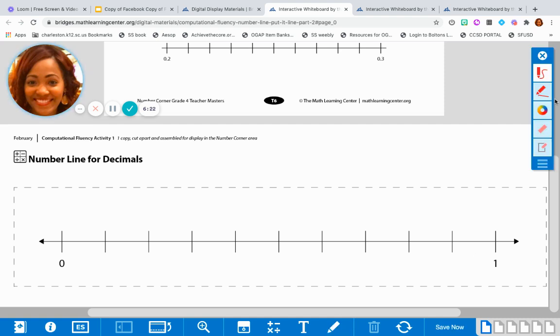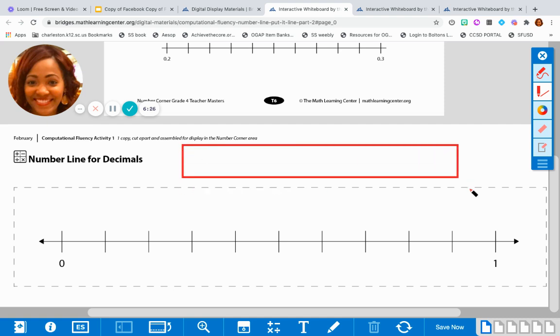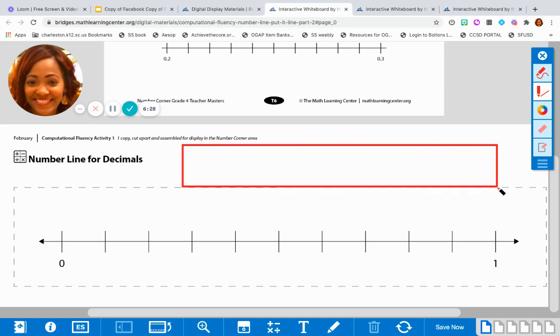So I'm going to give you an example here. Here's what I can draw. Right, hopefully you have your model drawn.